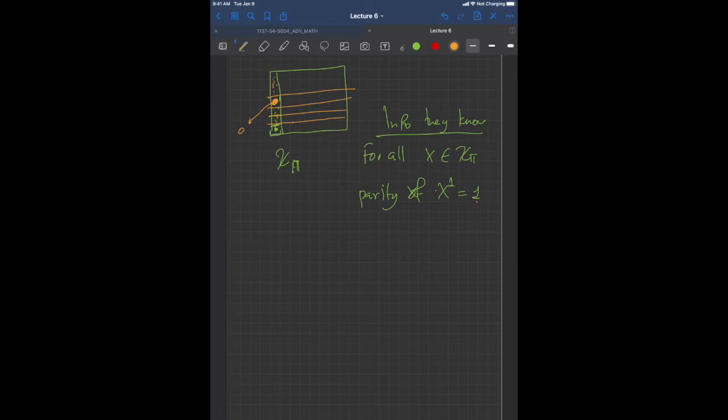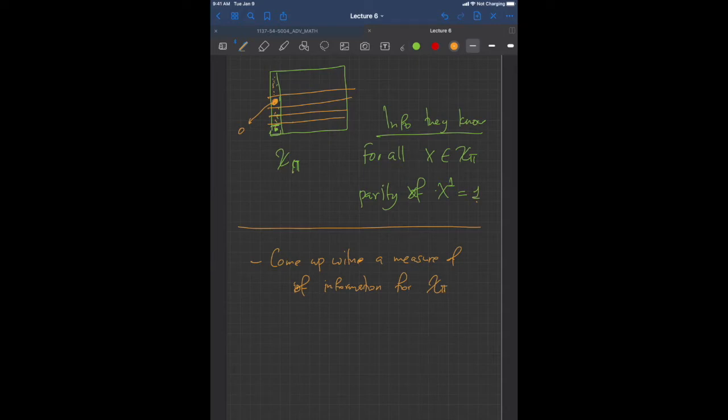So what is this measure of information? Before we define it, our goal is to come up with a measure of information for the set X_pi. These are the set of matrices.